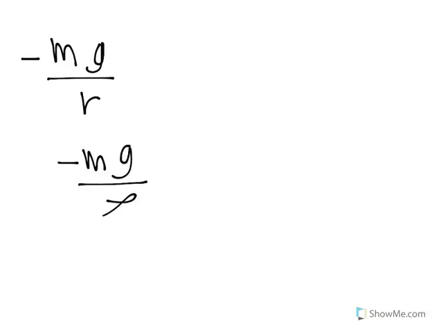So this seems really daunting, but it's important to remember that the change in gravitational potential is the potential final minus the potential initial. So what's the equation for potential? That's mass times g over r, and it's negative. So let's see. Our final one at infinity is negative mass, which is something, times gravity, which is something, divided by infinity.